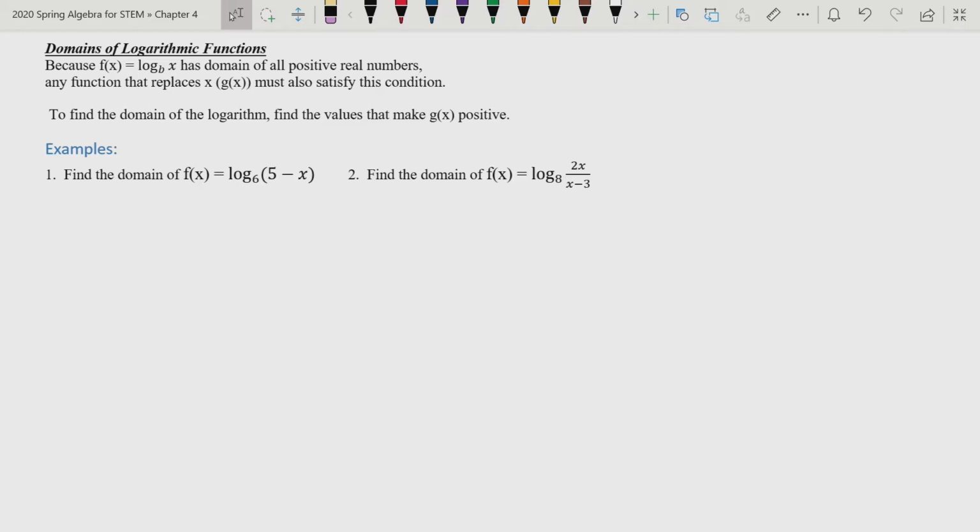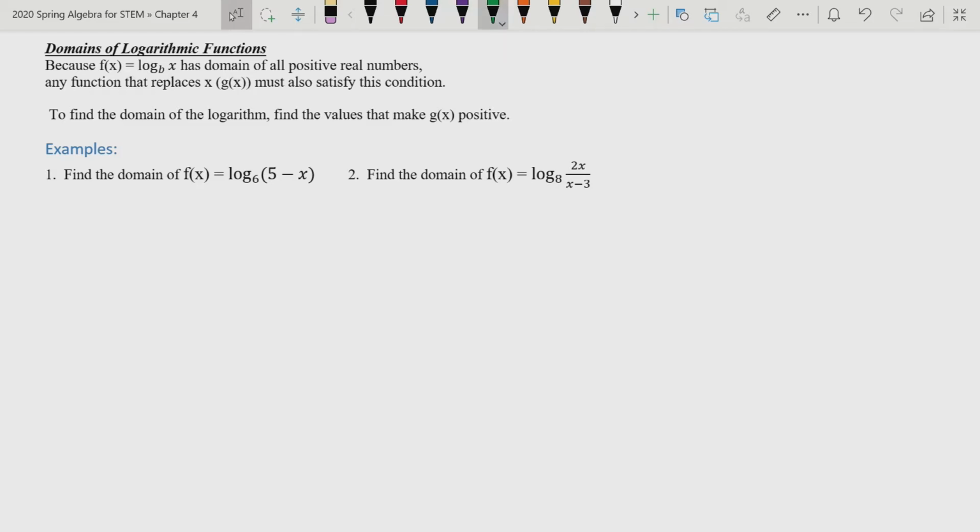So you want to make sure that if you have a logarithm, you never plug in anything that's negative. So the domain of a function that is the composition of a logarithm and some other things needs to make sure that those other things are positive.